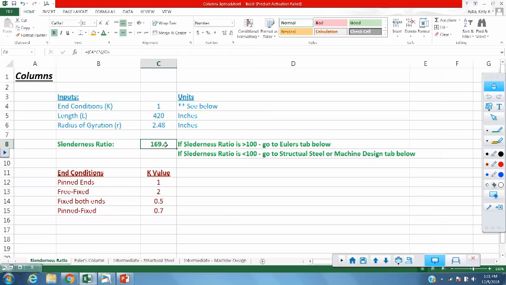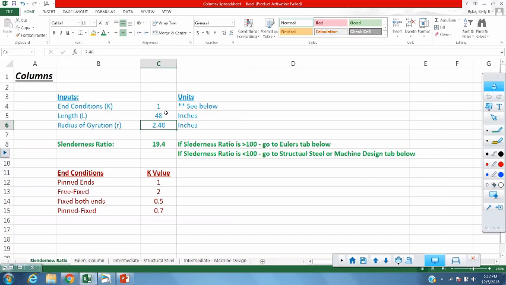It says we want to determine the axial compressive load in a steel tube that has an outside diameter of 3 inches, a wall thickness of 0.3, and a length of 4 feet. They're telling us that our ends are pinned, I think that's what we have to assume, so our K factor is going to be 1. Our length in this case is 4 feet, so 48 inches.